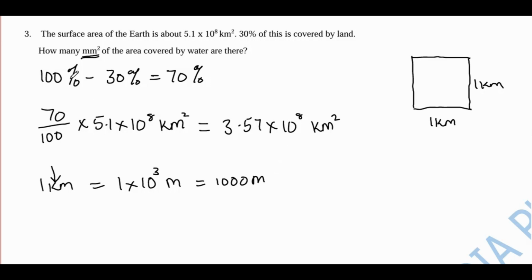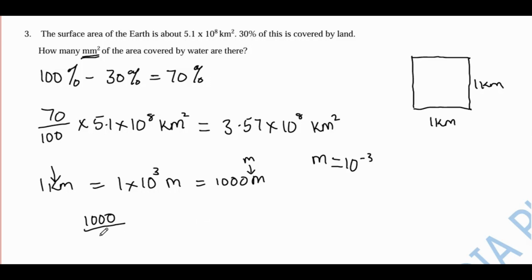Now we need to introduce a prefix here, milli, so that our measurement now becomes millimeter. We introduce by division, and remember that from our data sheet, milli is represented by small letter m, and is equivalent to 10 raised to power negative 3. Now we are dividing by this. We have 1000.